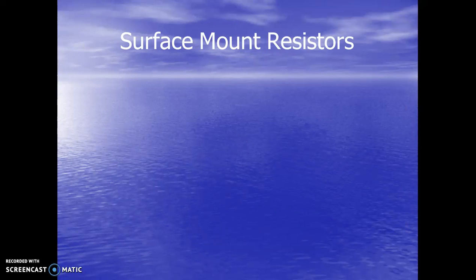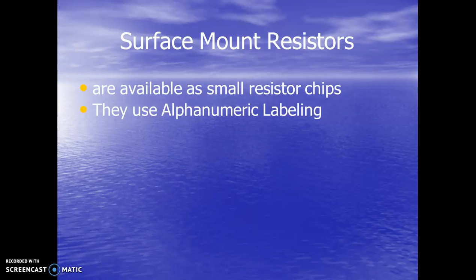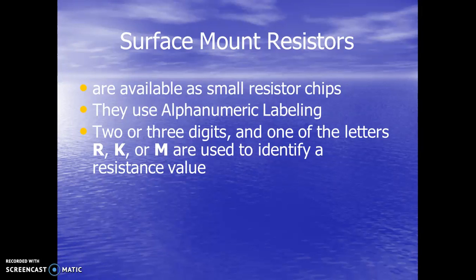Now, there are other kinds of resistors besides those simple 4- and 5-band resistors. Surface mount resistors look a little bit like an integrated circuit, and instead of using color bands, they have a little more real estate on them, and so they typically use alphanumeric labeling.